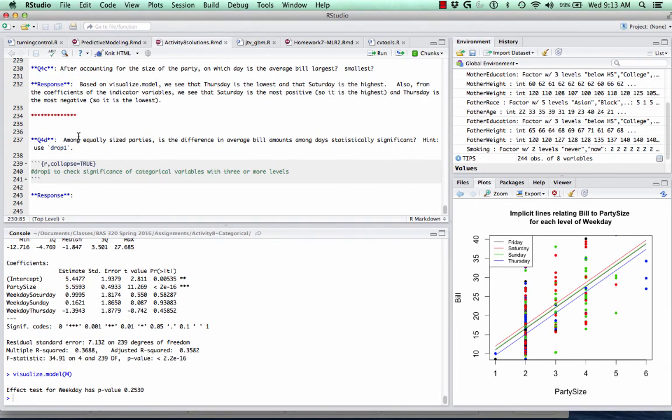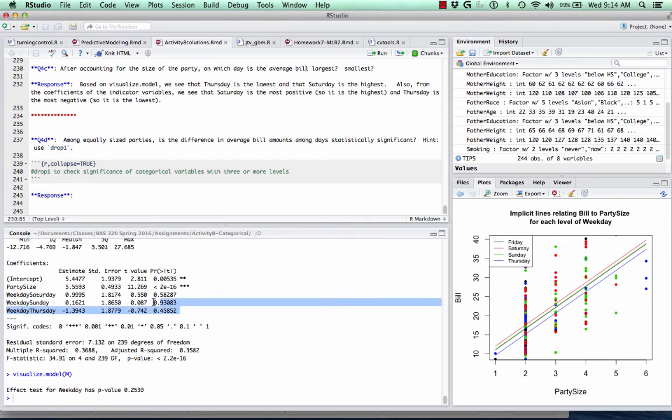All right, finally, among equal-sized parties, is the difference in average bill amounts among days statistically significant? We do see a difference in average bill amounts between these 4 days of the week, and we want to make a comment on whether or not this difference is statistically significant, or if we would have expected to see this large of a difference just by random chance, just from the act of collecting data here.